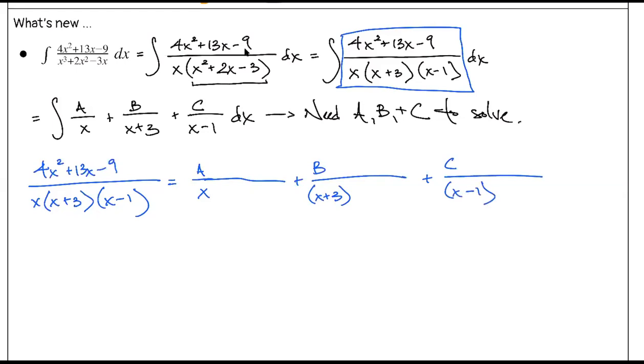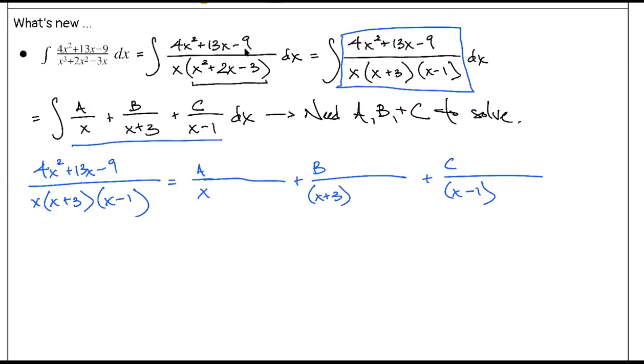Okay? So we want the thing in the blue box to equal the expression that we know how to integrate. And so our job here is really to find a common denominator on both sides of this equation. Okay? That's why I left so much space in between each fraction.